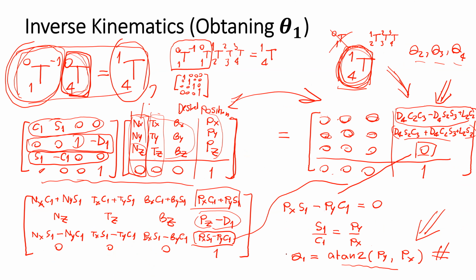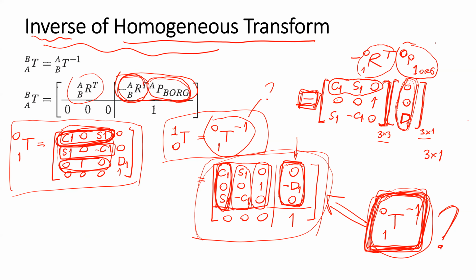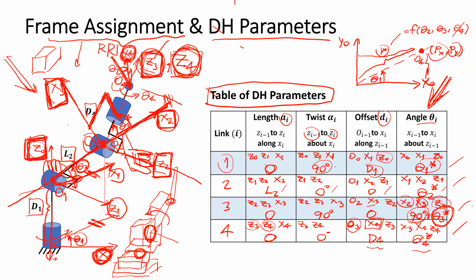If we want to obtain theta 1 by solving this pair of equations, theta 1 can be obtained from the arctan of the position in y and in x direction.